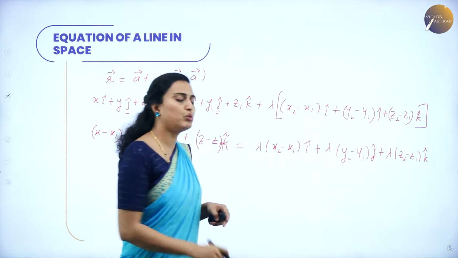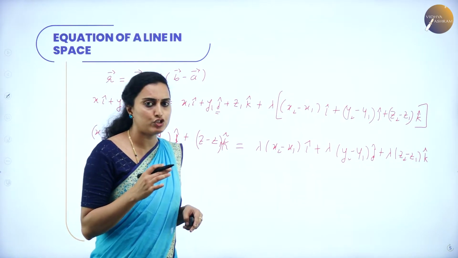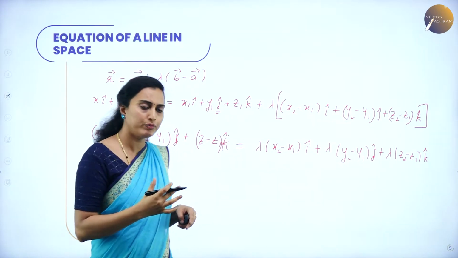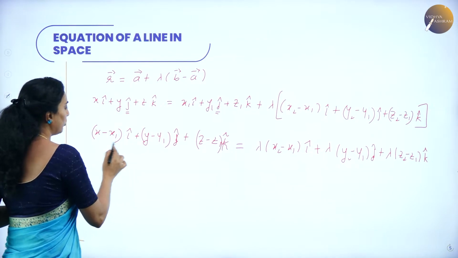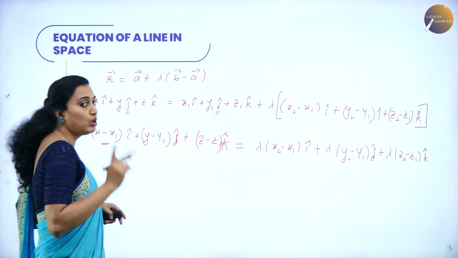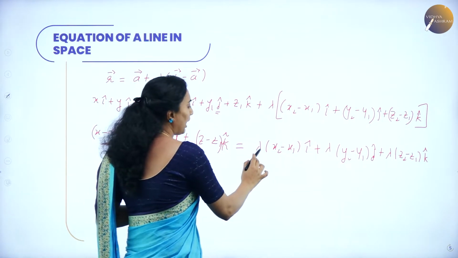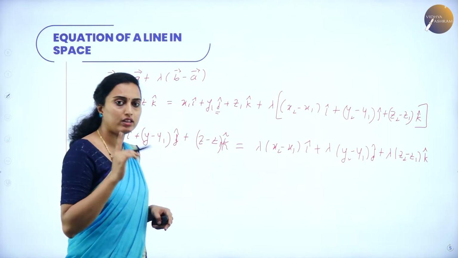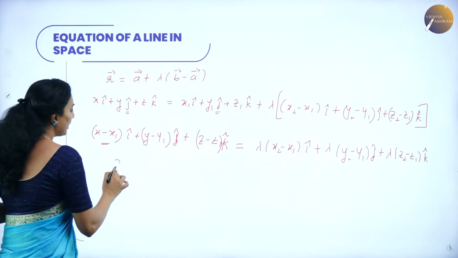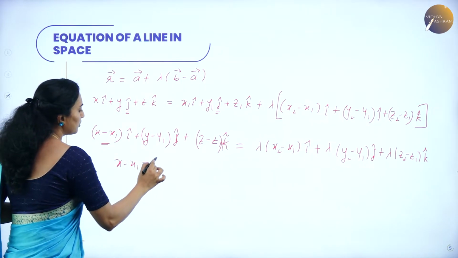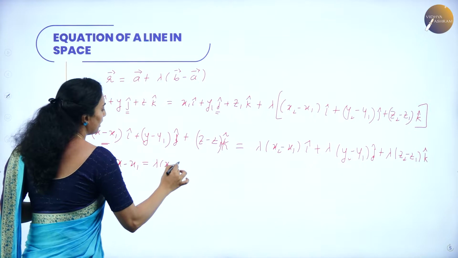Now what am I going to do? I am going to equate the coefficients of i, j, k. What is the coefficient of i on the left? It is x minus x1. On the right hand side, you have lambda into x2 minus x1. Therefore, equating, x minus x1 is equal to lambda into x2 minus x1.